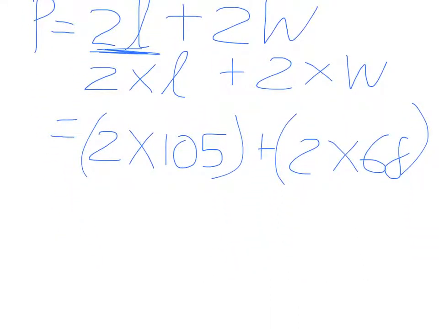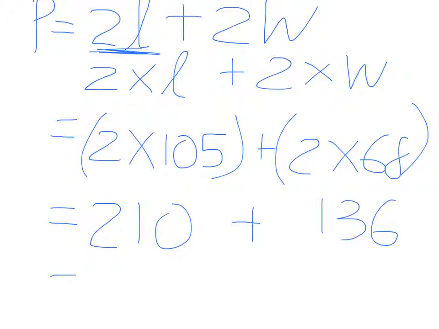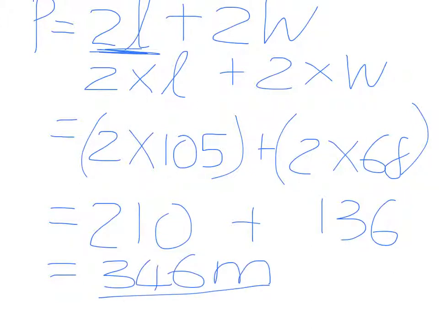So 2 times 105 will be 210. And 2 times 68, oh gosh, I'm not very good. 68 and 68 will be 136. And then you add them all together and you get 346 meters. Don't forget to put that in. So that's how you'll set it out for me.